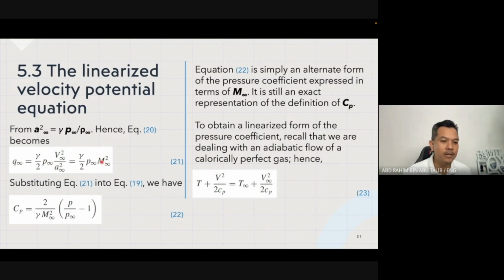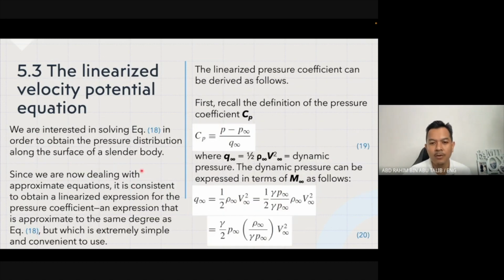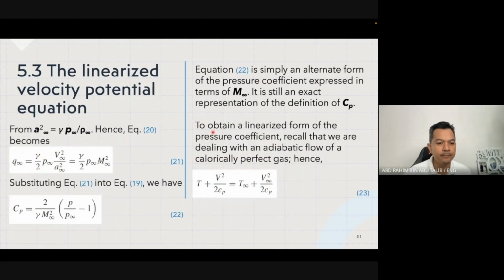So now you are already expressing the dynamic pressure in terms of the Mach number. So we can now substitute equation 21, the dynamic pressure, into equation 19, which we know is the equation that we use for the pressure coefficient.